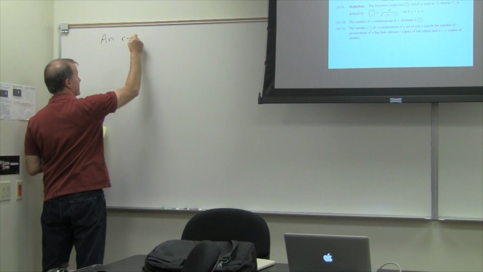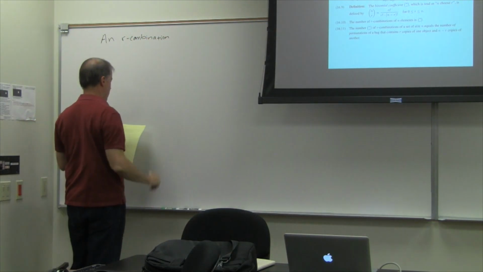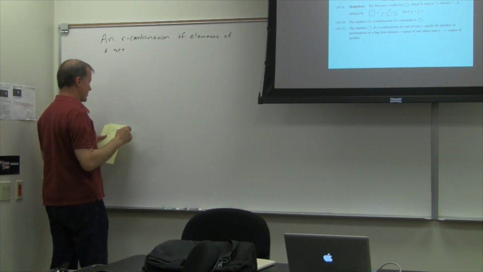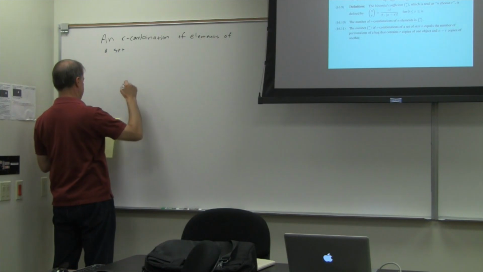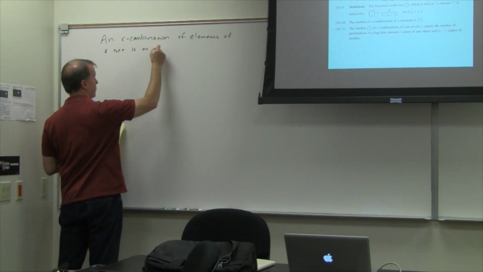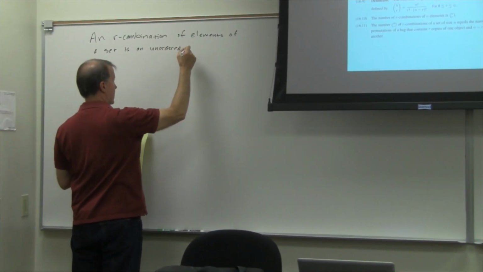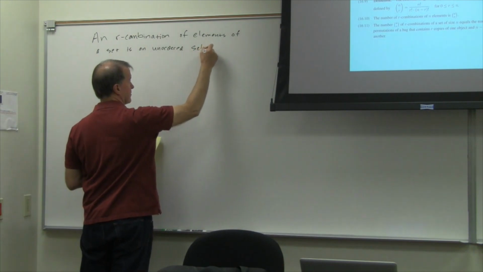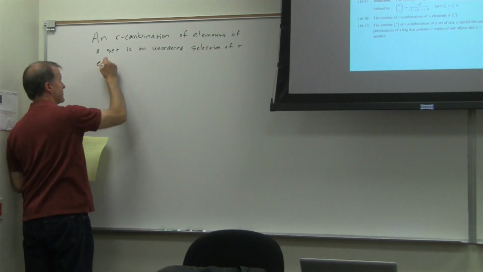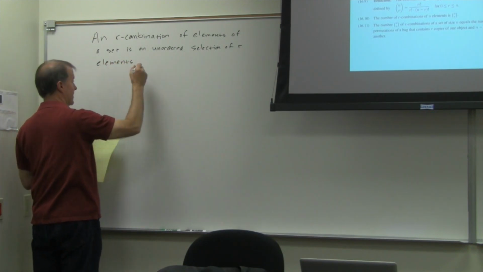An r combination of elements of a set is an unordered selection of r elements of a set.